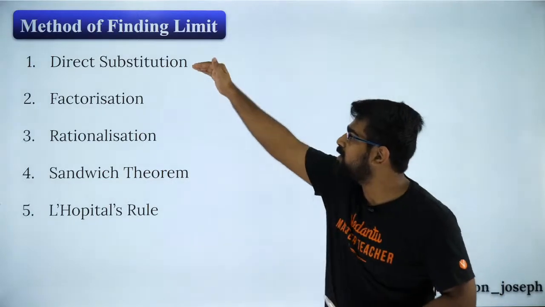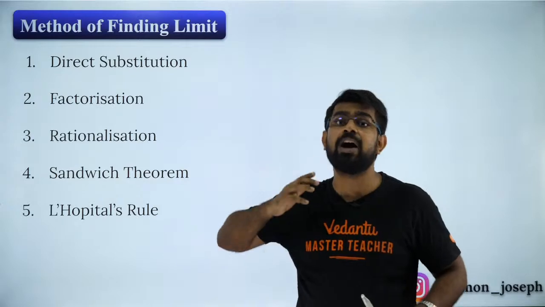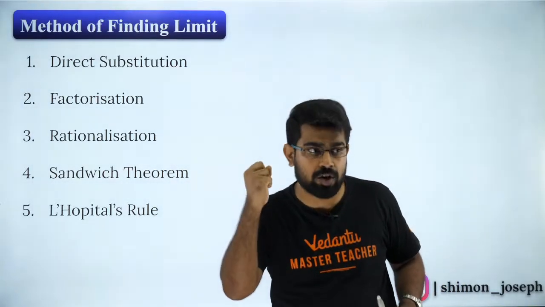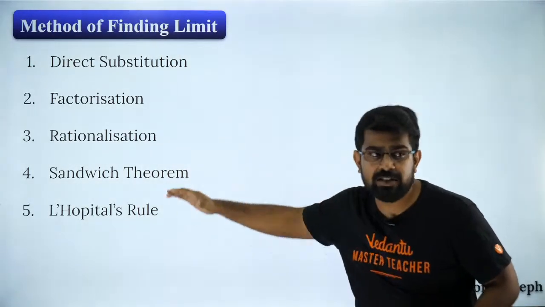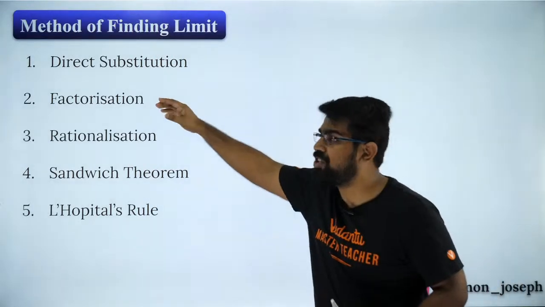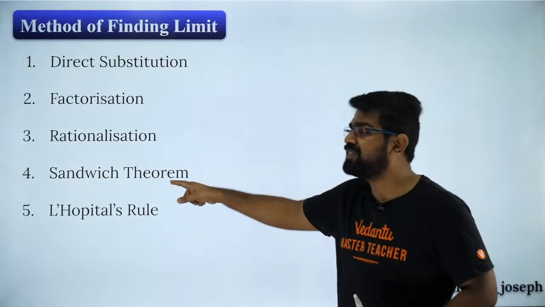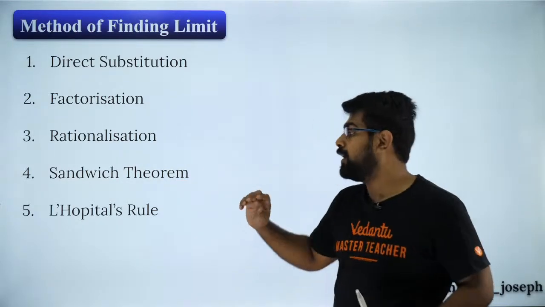The first method is the easiest of all, which I already explained and solved, but I will explain it again so that you gain confidence in it. From the second method onwards, everything is very important. Factorization, very important. Rationalization, very important. Sandwich theorem, not very important, but somewhat important.